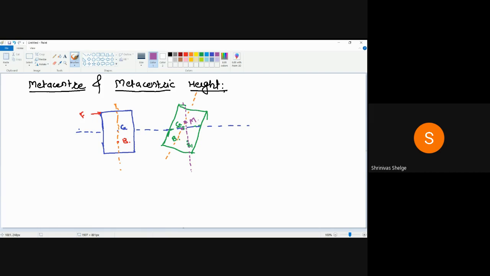That is how you can locate the meta center.